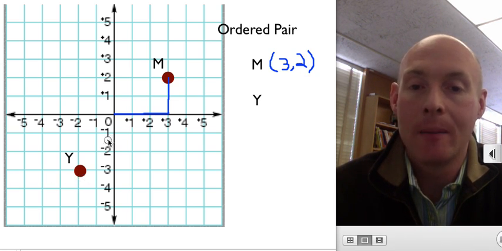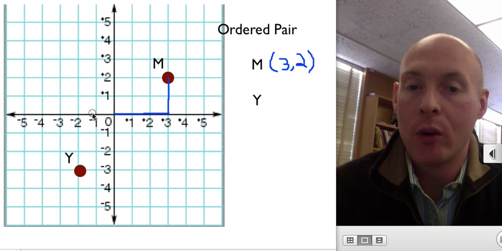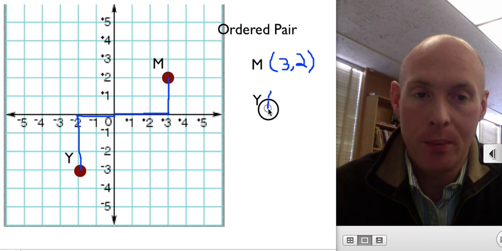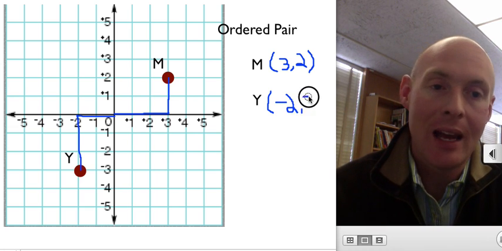Next is Y. Again, we do the x-axis before the y-axis. So I move over 1, 2, and I move down 1, 2, 3. So my ordered pair for y is a negative 2, negative 3.